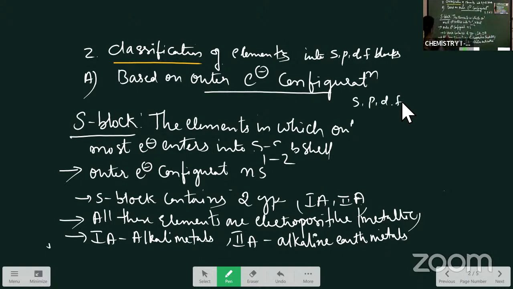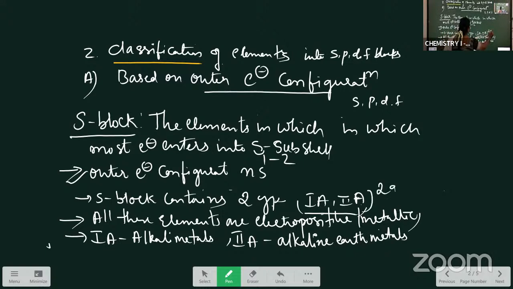The elements in which the outermost electron enters into the s subshell are called s block elements. The outermost electronic configuration is ns1-2. How many groups do you come across in this block? 1A and 2A, so you have 2 groups in this block.